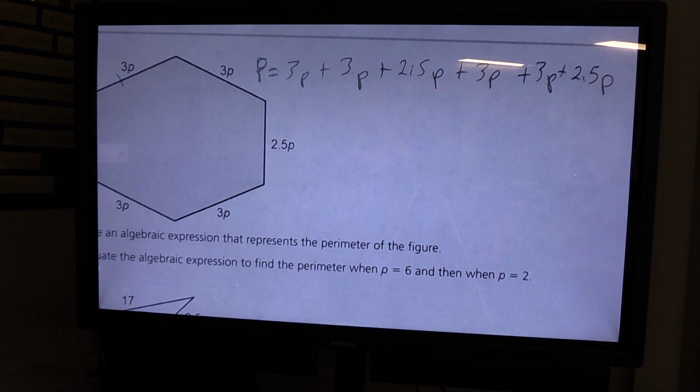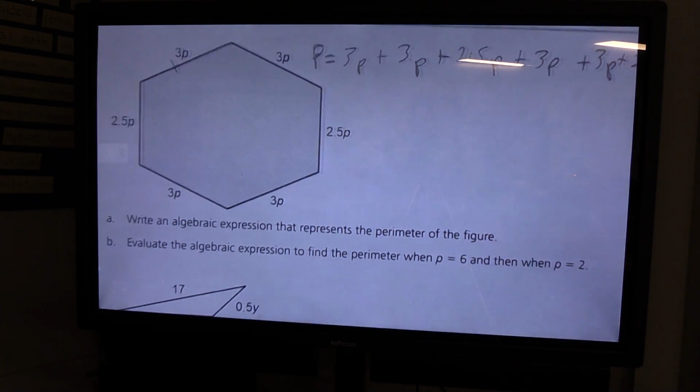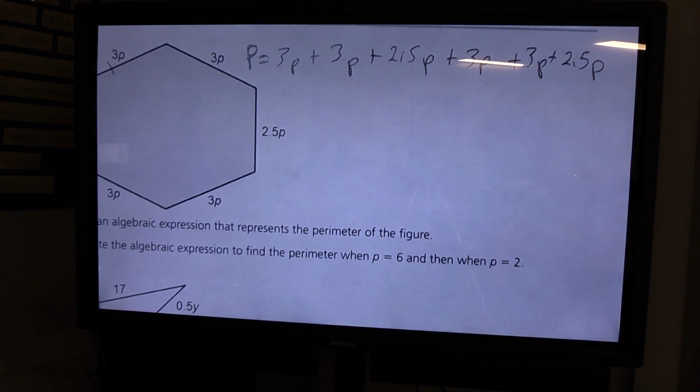Now I can actually solve and find the perimeter of that hexagon, because it says here in our instructions, evaluate the algebraic expression to find the perimeter when p equals 6 and then when p equals 2. So I'm going to plug 6 in first.